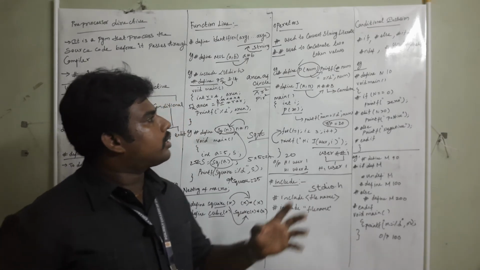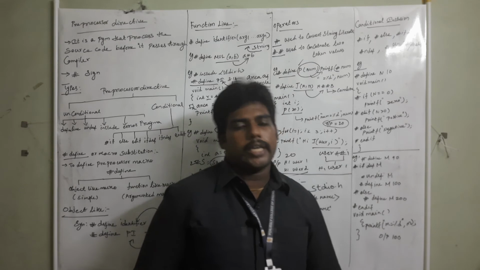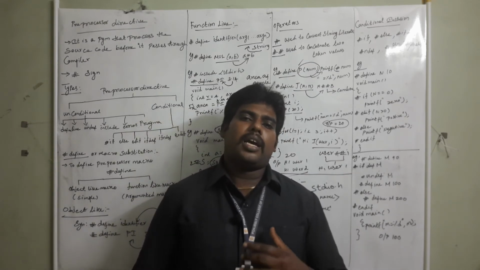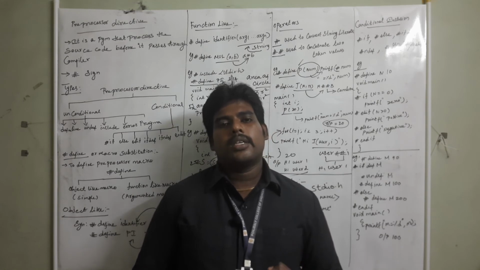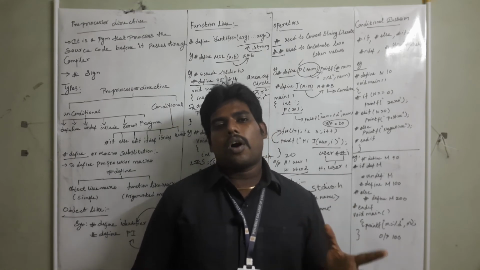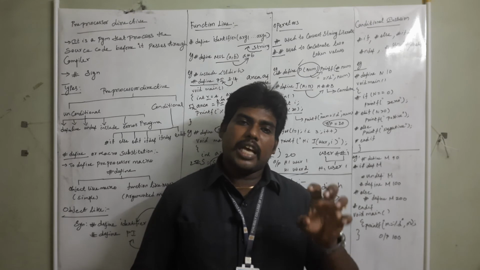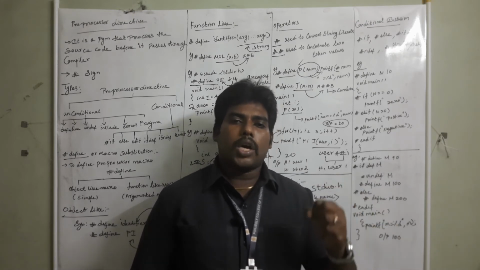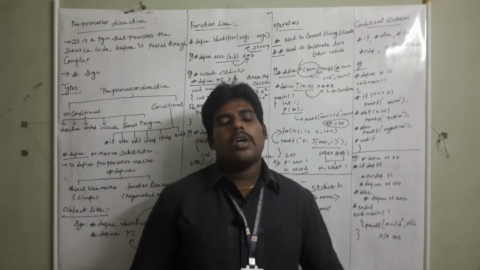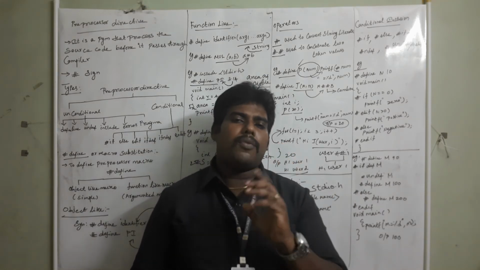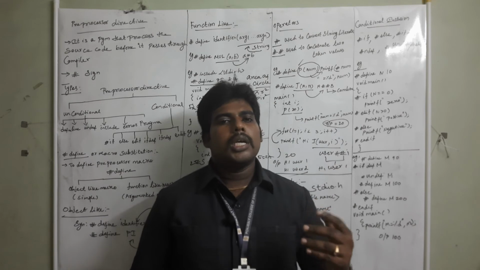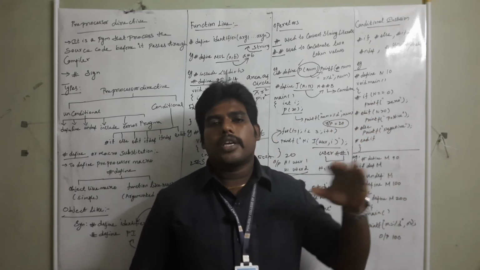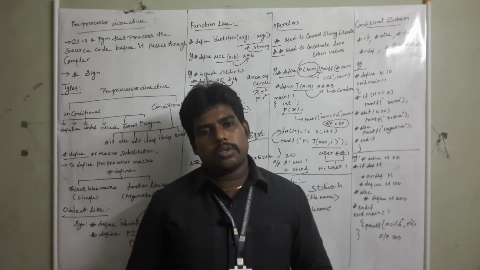Okay. The last thing is conditional inclusion. What are conditional statements? Already I taught you conditional statements, right? By checking a condition, the flow of control will be changed. The same conditional statements you can include in your preprocessor directives also. The preprocessor directives are always used above the main. But while you are writing this conditional inclusion, sometimes it is allowed inside the main also.